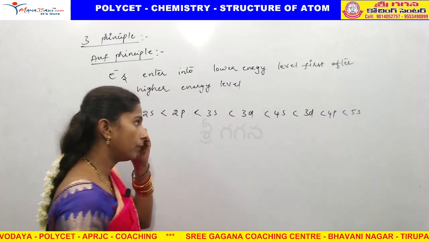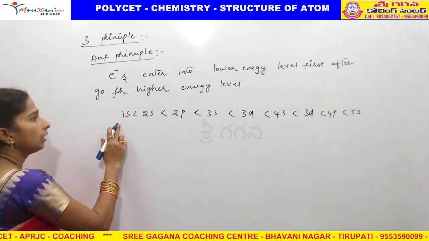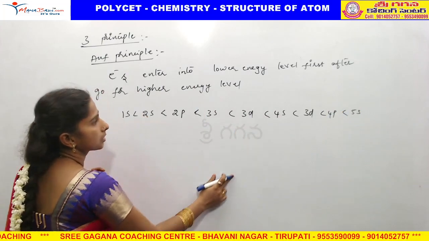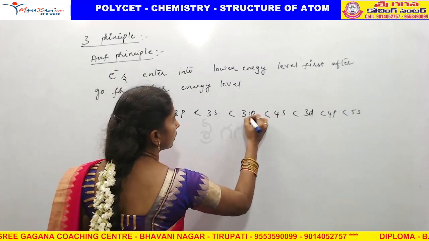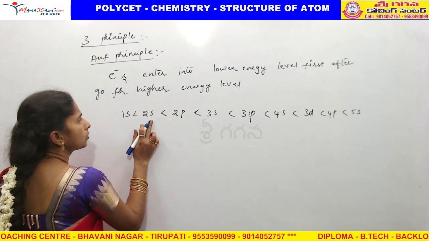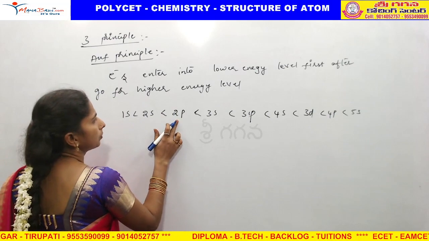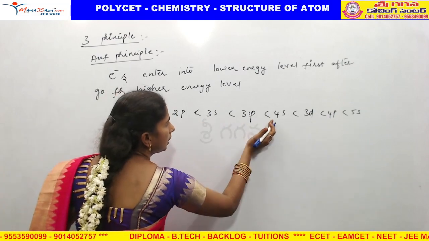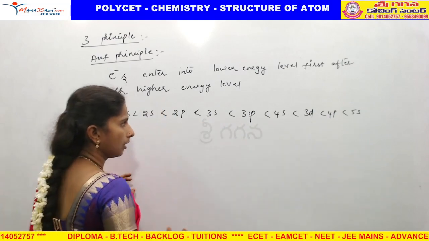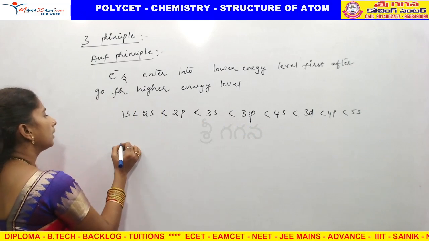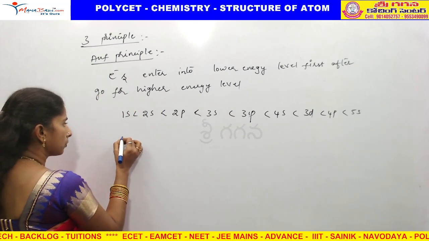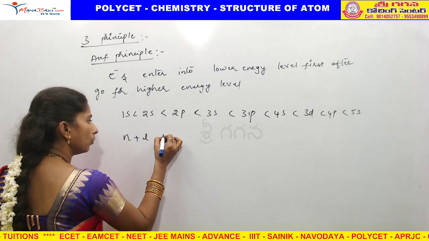Till now you don't have any objection: 1s, 2s, 2p, 3s, 3p. Why is 3d not there yet? Because according to the Aufbau principle, there is the n plus l rule.